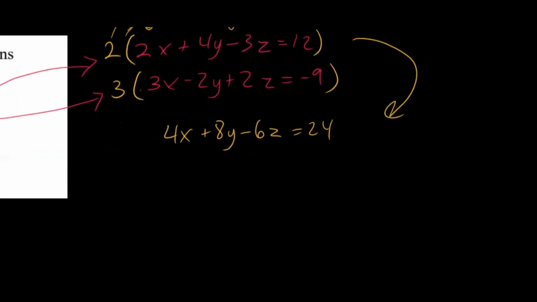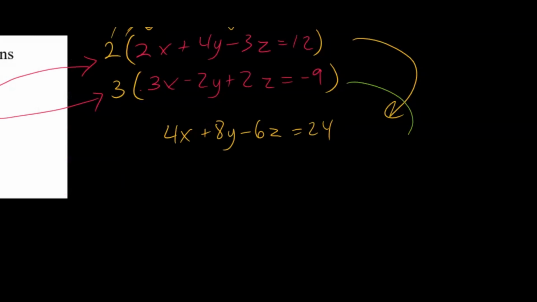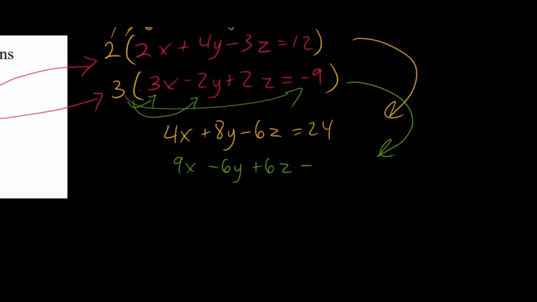And now we want to do the same thing for the bottom. Let me change colors. All right, so same thing here. 3 times 3x, 9x. 3 times negative 2y, negative 6y. 3 times 2z is positive 6z. And then 3 times negative 9 is just negative 27.